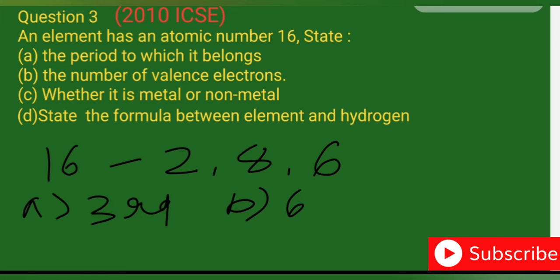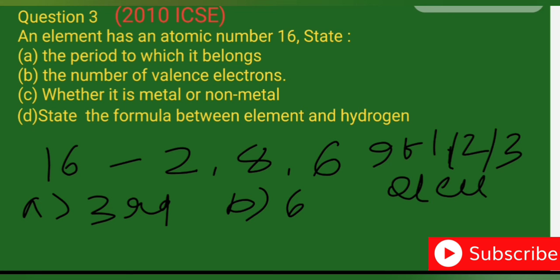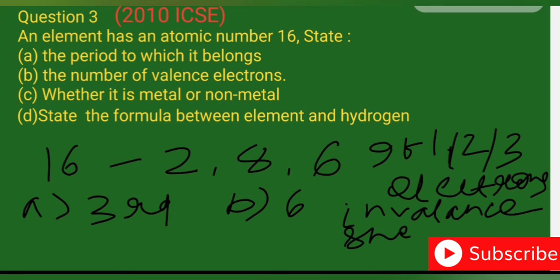If 1 or 2 electrons are present in the outermost shell, or 3 electrons in the valence shell, then it is metal.